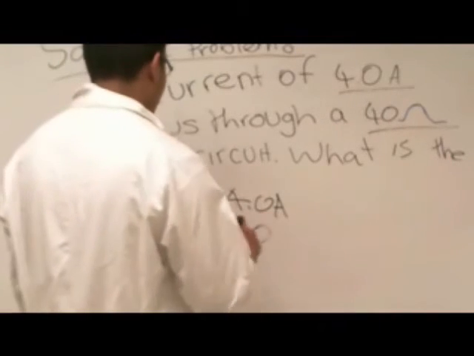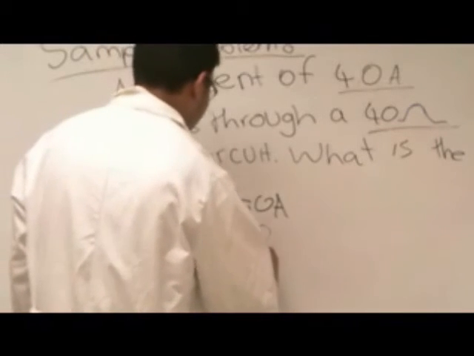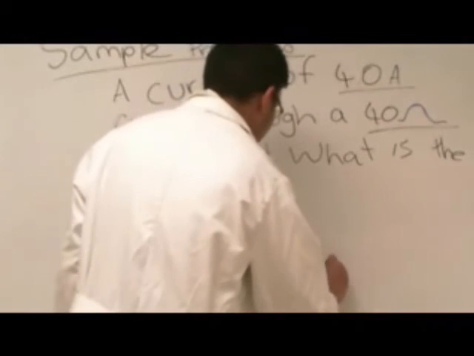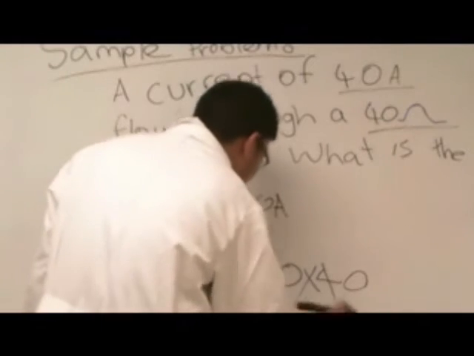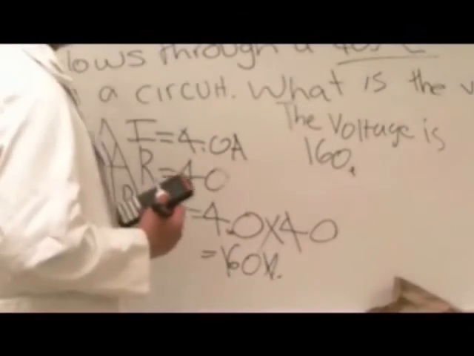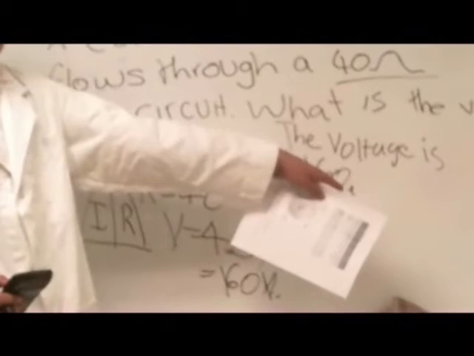To find the voltage, all we need to do is multiply 4.0 by 40 ohms, and we get the answer 160 volts. So the voltage is 160.